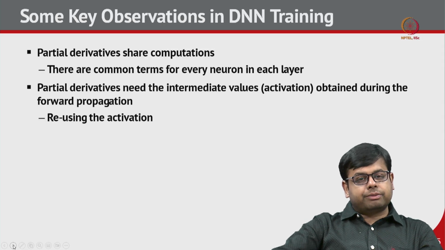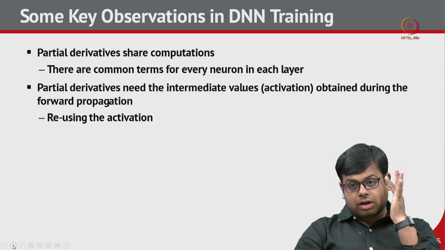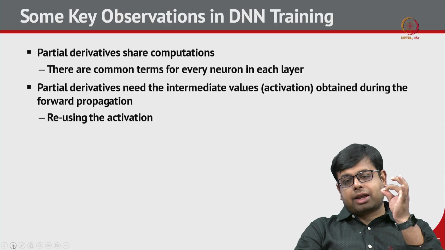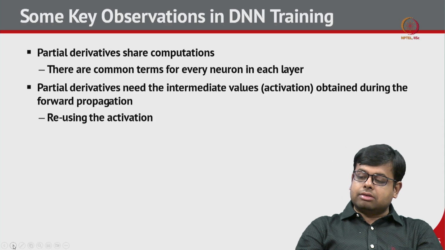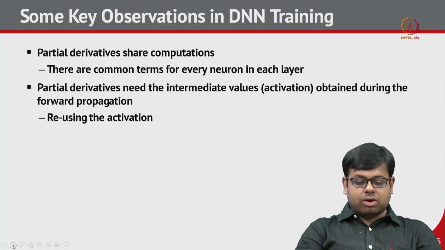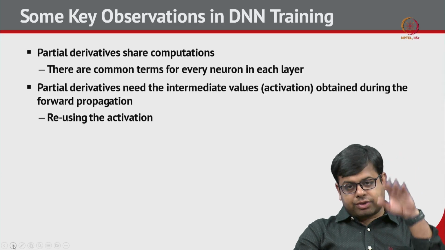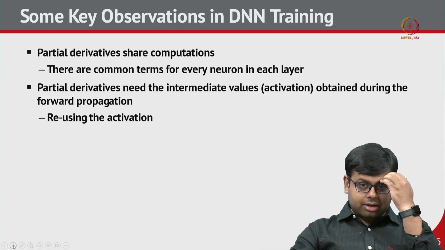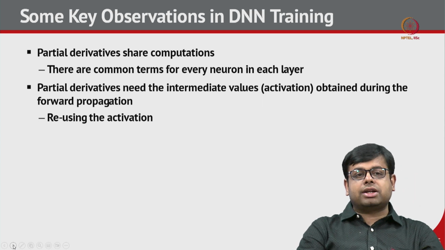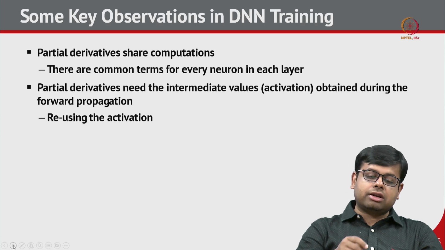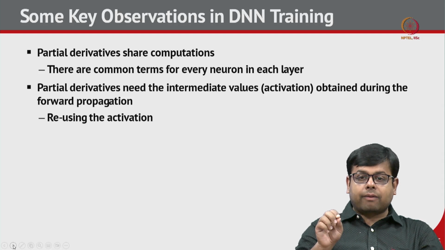Now, let me take a step back and tell you how exactly DNN training happens. Let us say we have a multi-layer perceptron which needs to be trained on some data. Whenever we say data, that means we have some features and some labels. The weights of the multi-layer perceptron are to be computed through training from the data set.